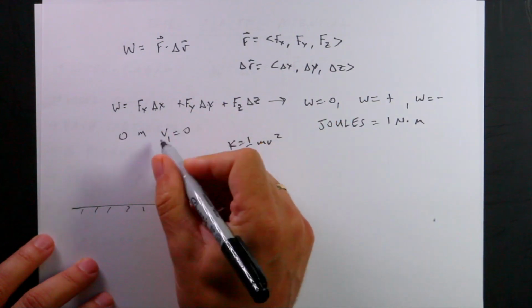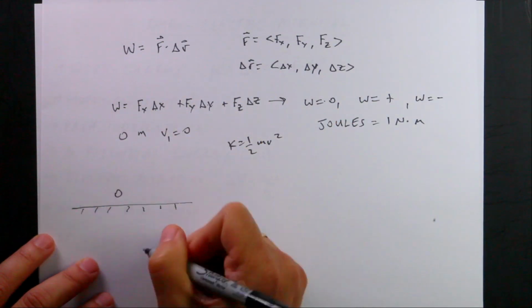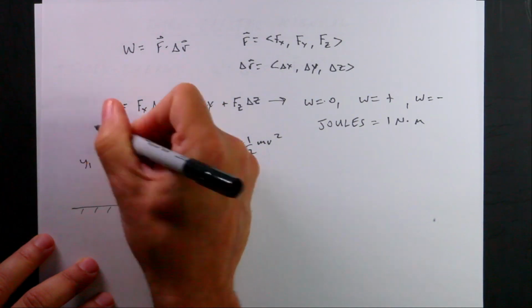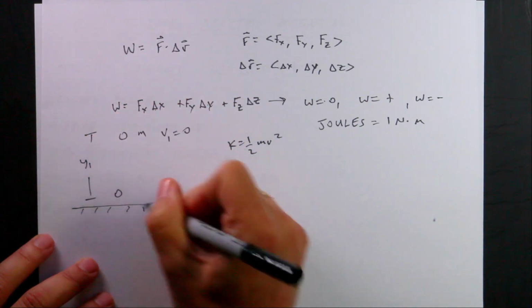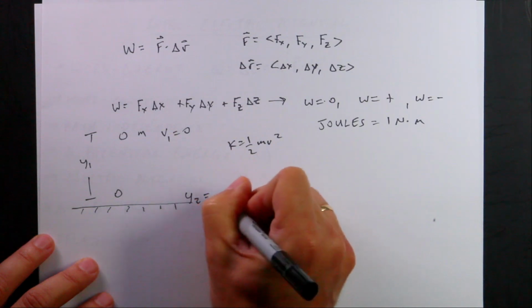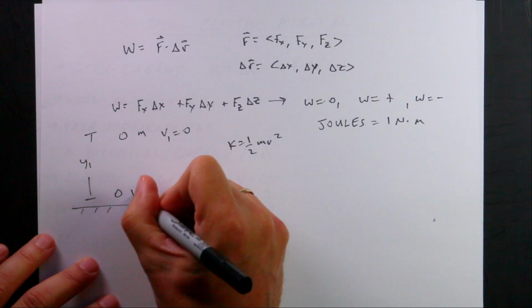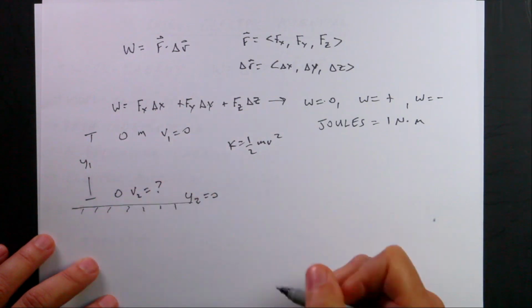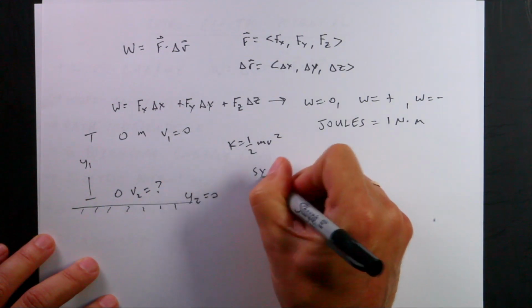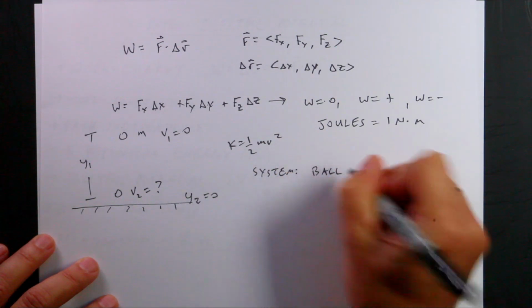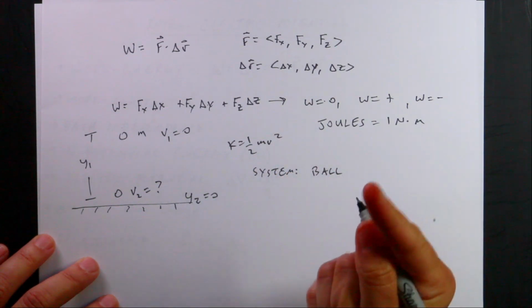So let's say I let this ball fall down. It starts at a height of y1 and ends up here at y2 equals 0. It hits the ground. And so I want to find the velocity v2 at the end. So if I take the system of just the ball, then there's no such thing as a potential energy if you have one object.